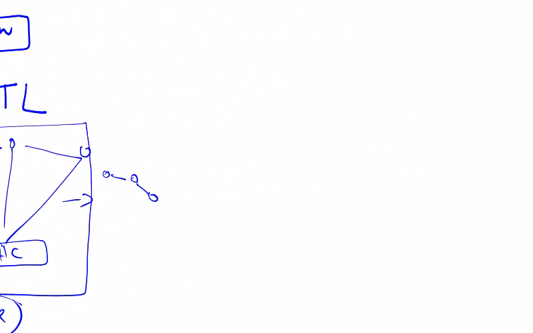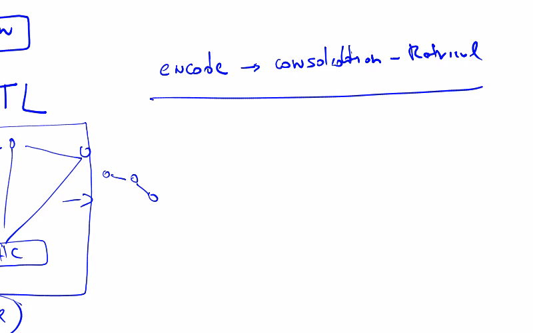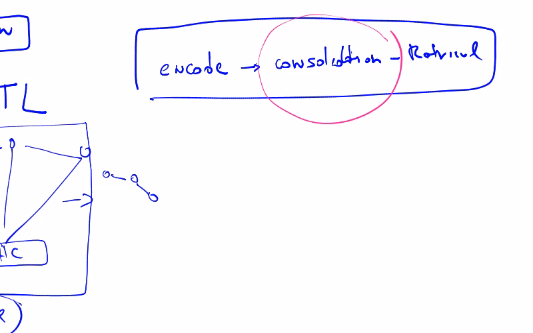Remember what we discussed in the last lecture, the basics of memory: encode, consolidation, and retrieval. The first step we discussed last lecture was how to enhance consolidation, which we will also discuss in further lectures.